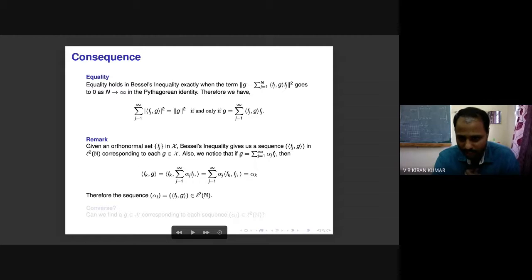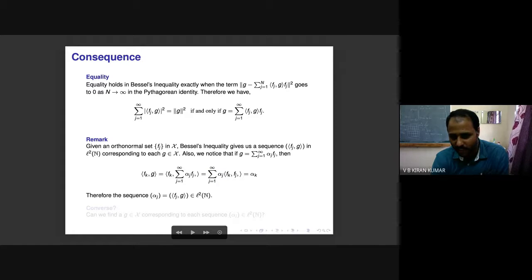Also, we notice that suppose g is equal to this. Then what happens? Let me compute the inner product <f_k, g>. You replace g by this because g is assumed to be this. I have already mentioned that I can take the infinite series outside, so you have this outside and <f_k, f_j>. But <f_k, f_j> equals 0 whenever k is not equal to j. So only j equal to k will survive.